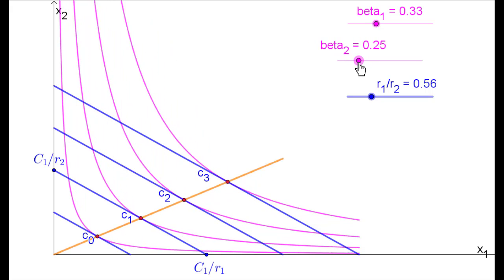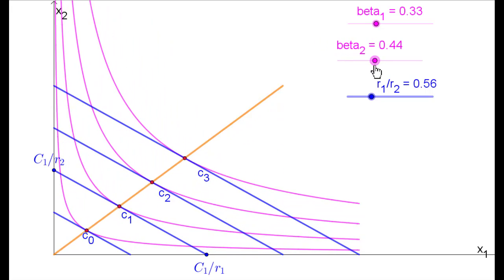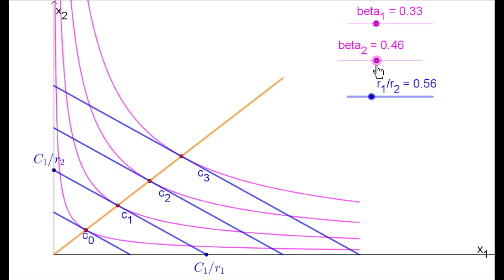If that changes, that means the optimal input combinations to minimize cost also change. Again, this is just to show you that if you have a Cobb-Douglas function, then your cost minimization problem is easier, and it's even easier to find the expansion path.